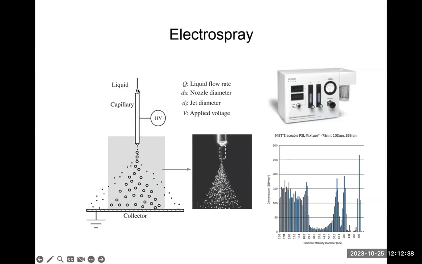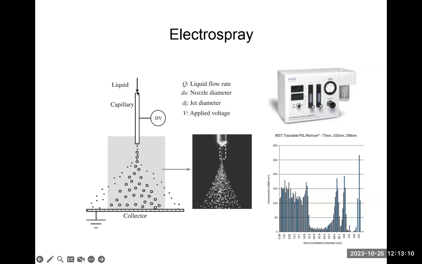What the electrospray does is that instead of using a high pressure gas stream, we just use the capillary effect of a liquid: you have a very thin capillary that brings a specific liquid through it. At the same time, you put a high voltage onto the liquid, or onto the capillary if it's conductive.